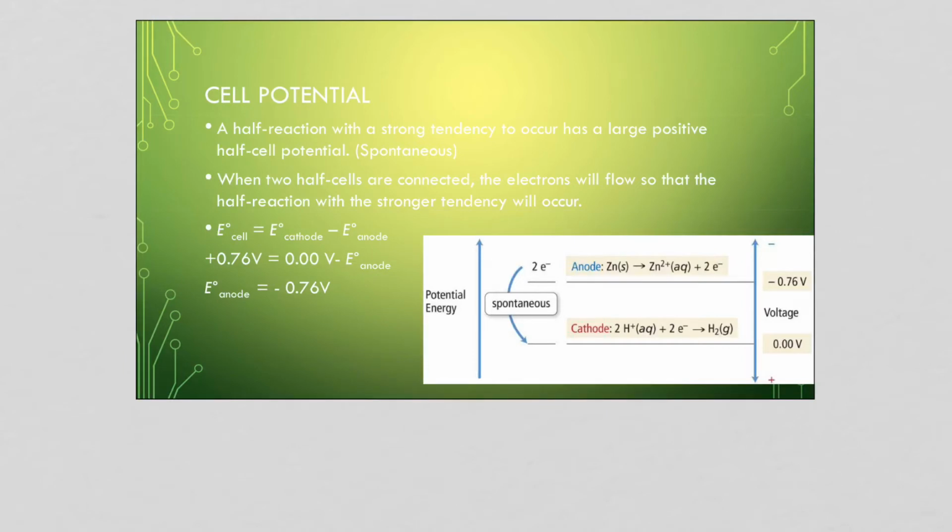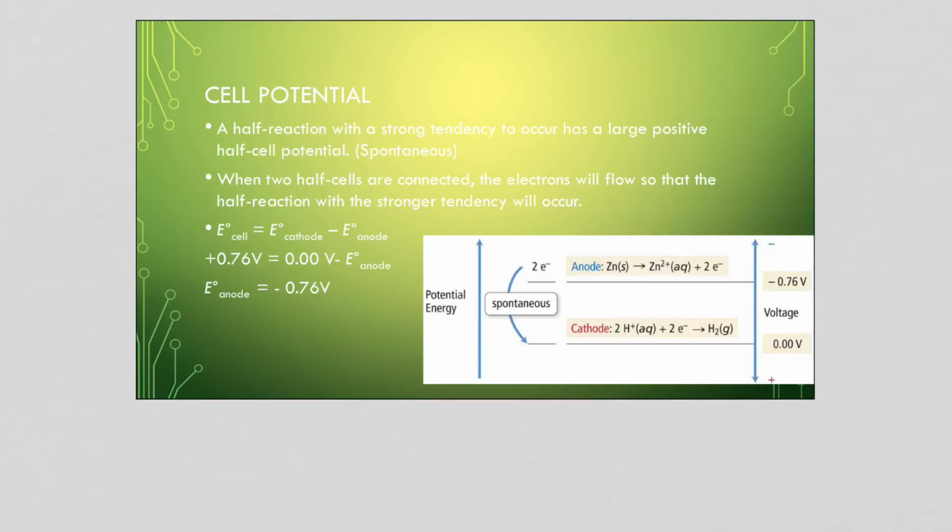Now, another way to think about this, right, is to look at our cell potential. So we had our cell that we hooked up. When two half cells are connected, the electrons will flow so that the half reaction with the stronger tendency will occur, right?